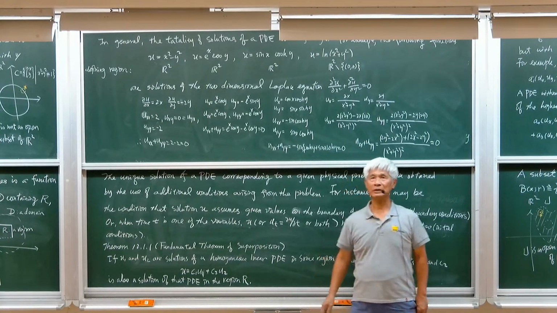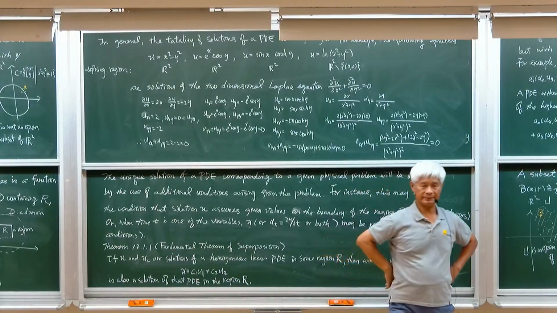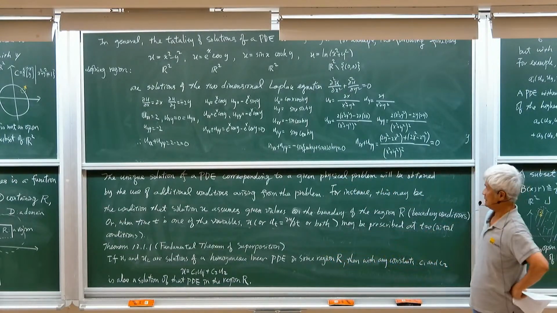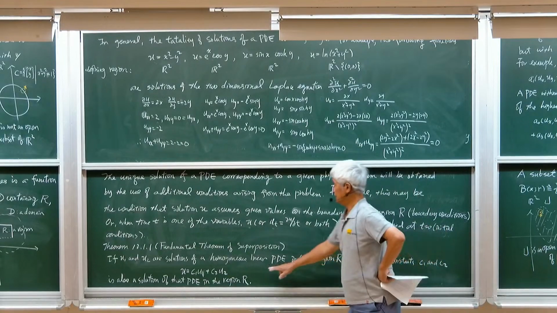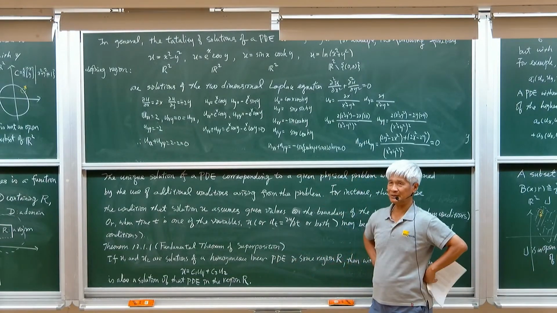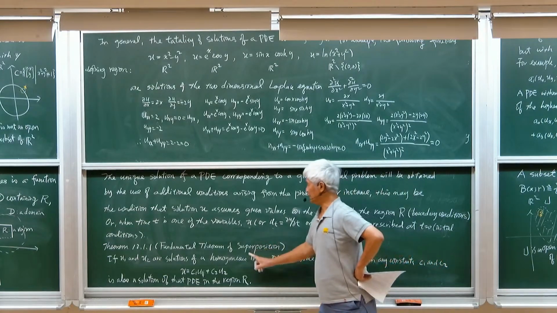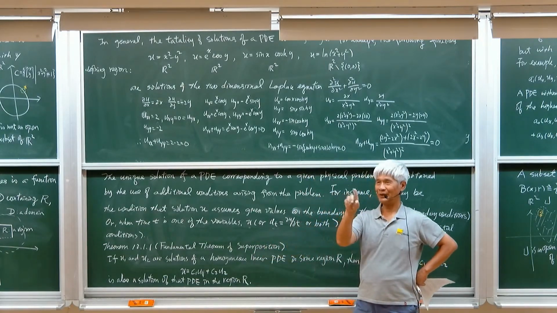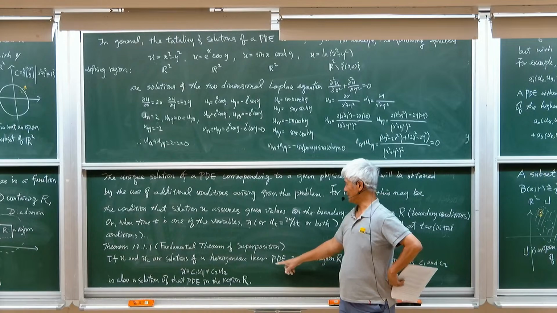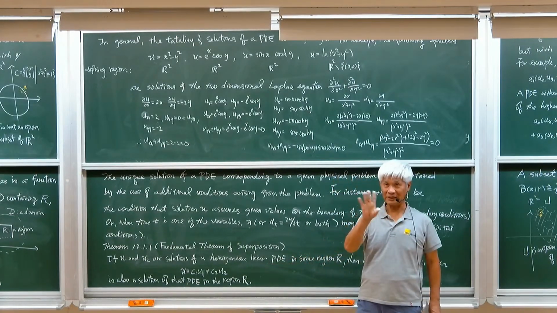Okay, so I just state the theorem, and on the coming Thursday I will give a proof, a very short proof, because the proof of this theorem is very simple. But you need to write down a general formula for a homogeneous linear PDE with any order.